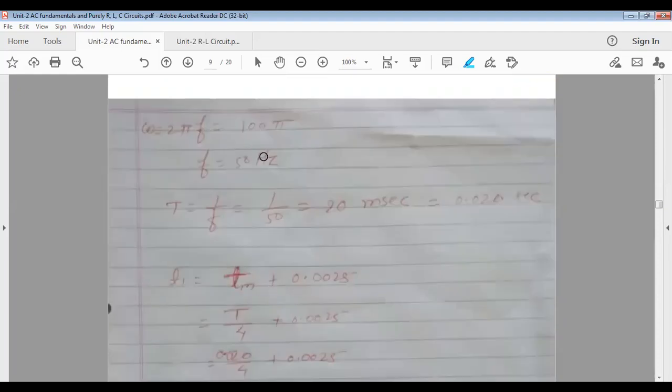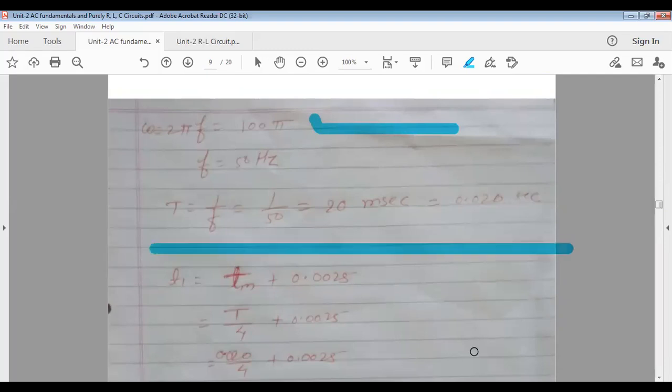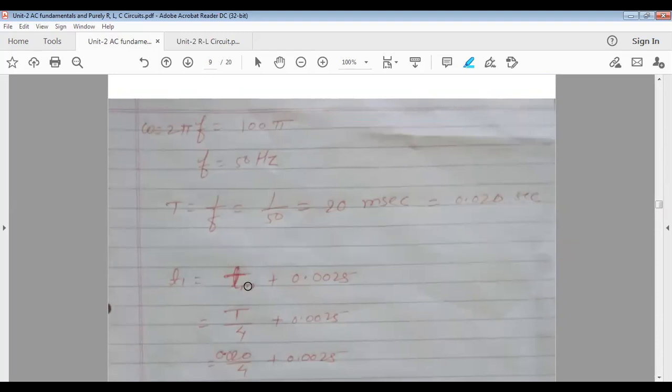Okay. So see here, omega is 2 pi f, 100 pi, because frequency is 50 hertz. As frequency is 50 hertz, the time period you can calculate, 20 millisecond, that is 0.02 second. So 1/4 of this time period will be the Tm, isn't it?